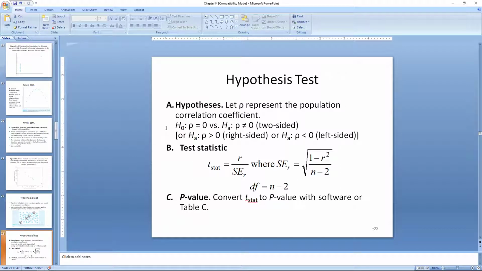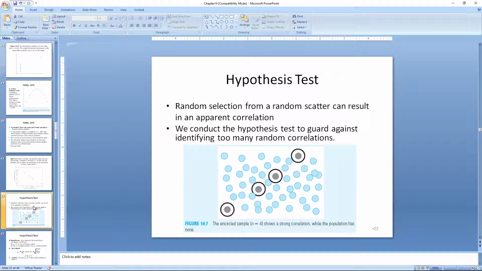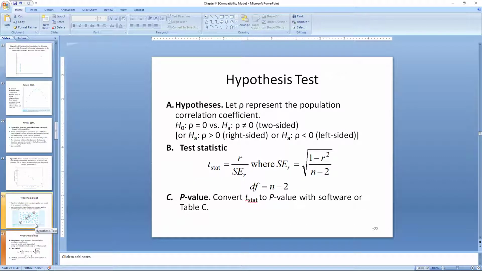Alright, hypothesis test. Let me go back. So, hypothesis test. A random selection from a random scatter can result in an apparent correlation. We conduct the hypothesis test to guard against identifying too many random correlations. So, once again, when we state a hypothesis test, we're going to have rho as our parameter.